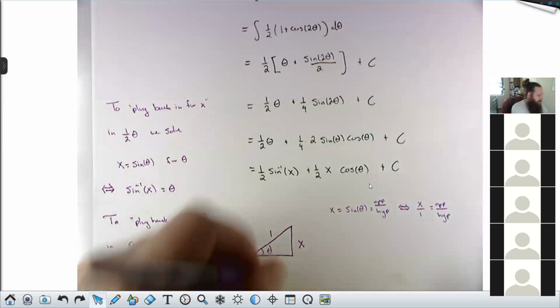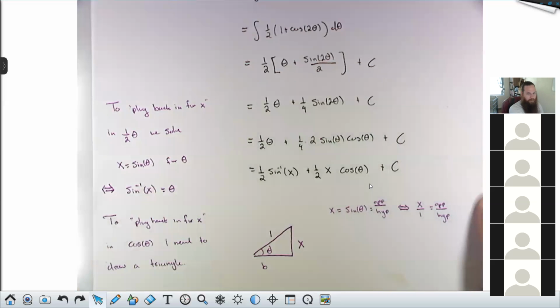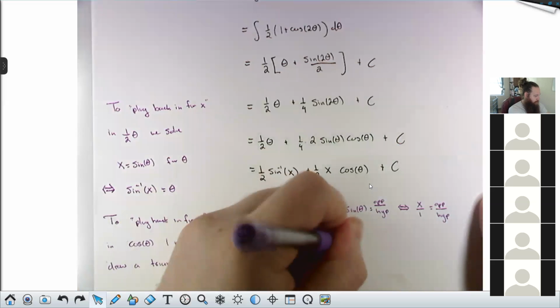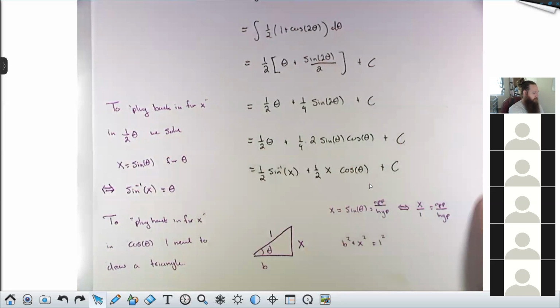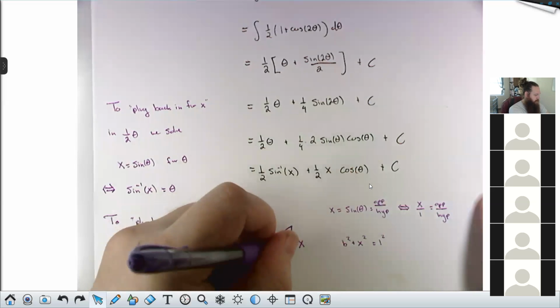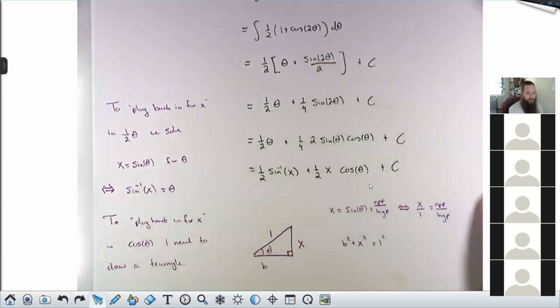Now I've got a missing side length here, call it b. And I know that b squared plus x squared is equal to 1 squared, right? Because this is a right triangle. So at the end of your trig sub problems, most of the time you're going to need a right triangle to plug back in for x. And in fact, I'll show you when I make these trigonometric substitutions, I put this right in the spot where we change bounds.